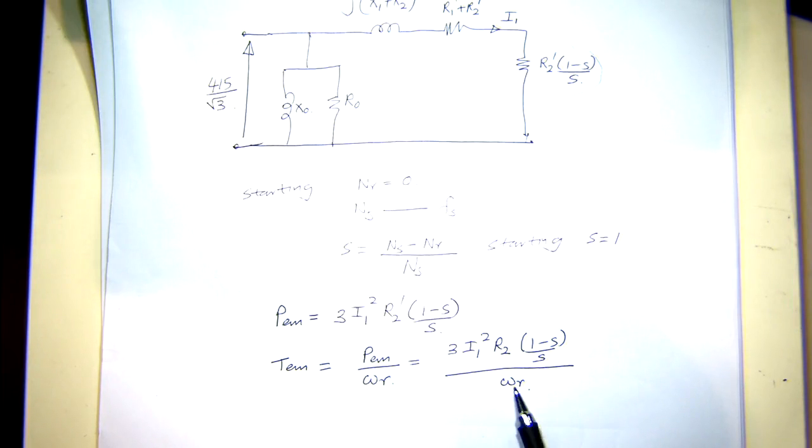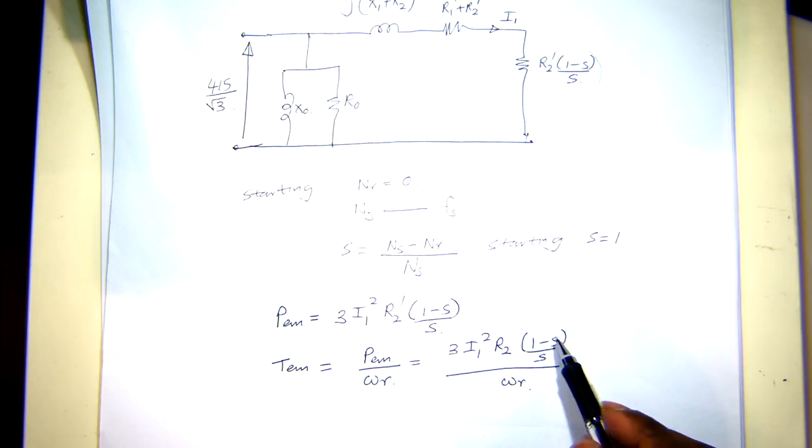So this is 0 as well if you are looking at the S equals 1 condition. The rotor speed is 0. So it turns out to be 0 divided by 0, which we can't calculate.